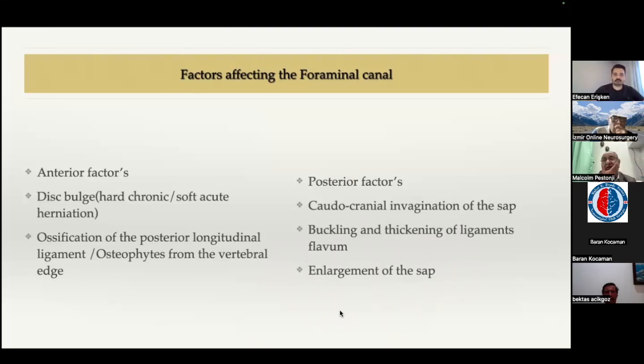Now, why do I use the word enlargement? You see, after our skeletal maturity is over, bone doesn't really grow. But like a calcaneal spur, because of the traction of the plantar fascia, same way, if you were to see anatomically, all the deep muscles of the back, what is called the transversospinalis group.